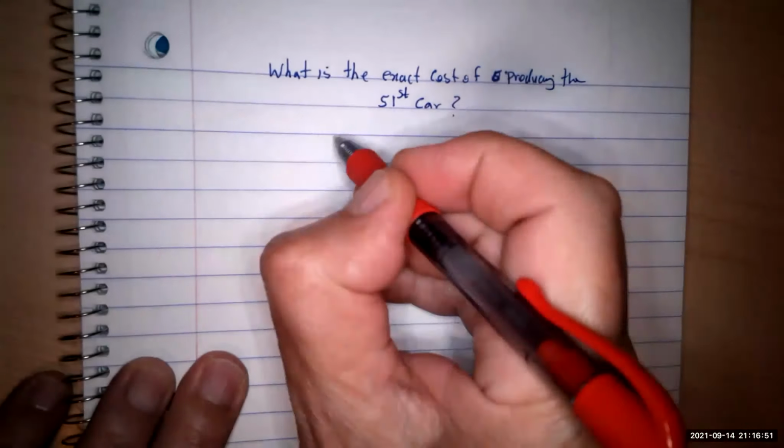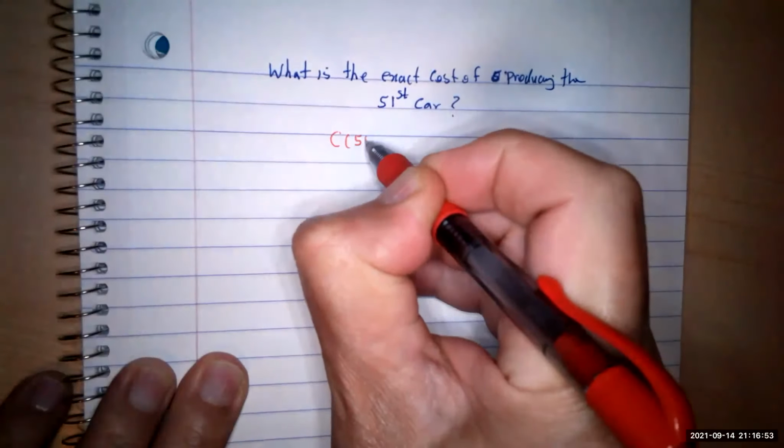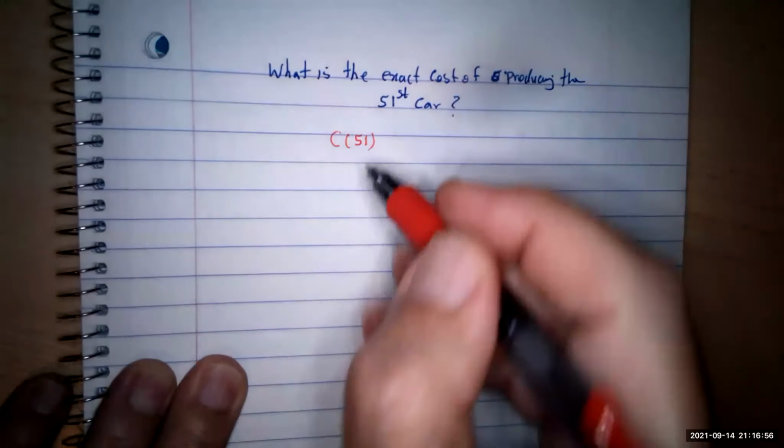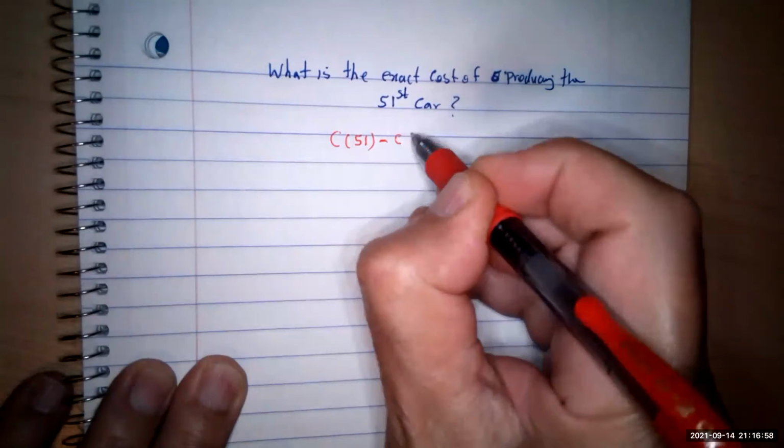You see, C of 51 is the cost of producing 51 cars, minus C of 50.